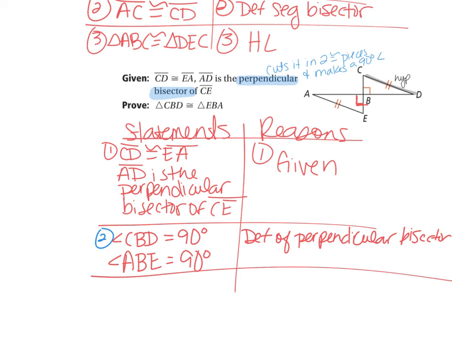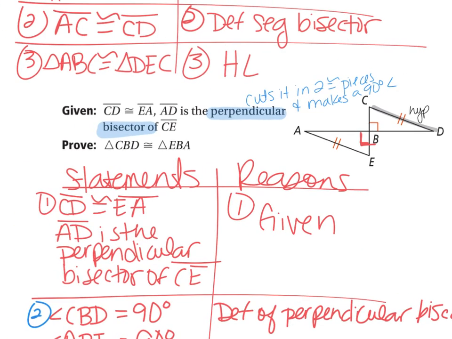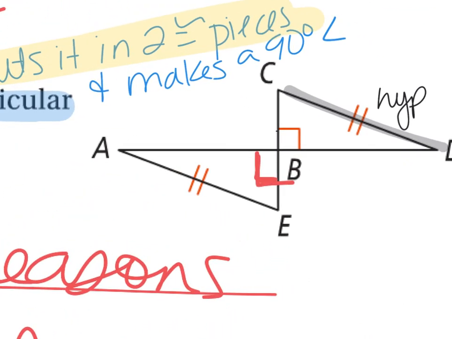Sweet. We know that the hypotenuses are congruent. So now we need a leg. But what's the piece that I talked about but haven't used? The part that I'm referring to is the bisector piece. We haven't said anything about that in our proof. So it says AD is the perpendicular bisector of CE. So AD cuts this CE into two equal pieces.